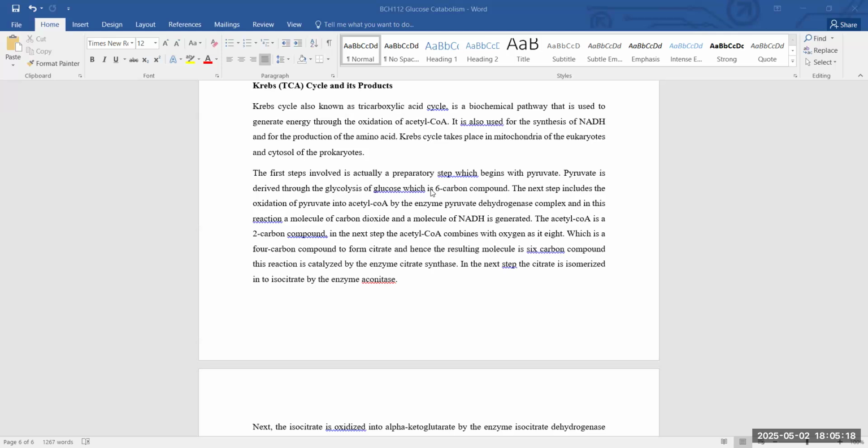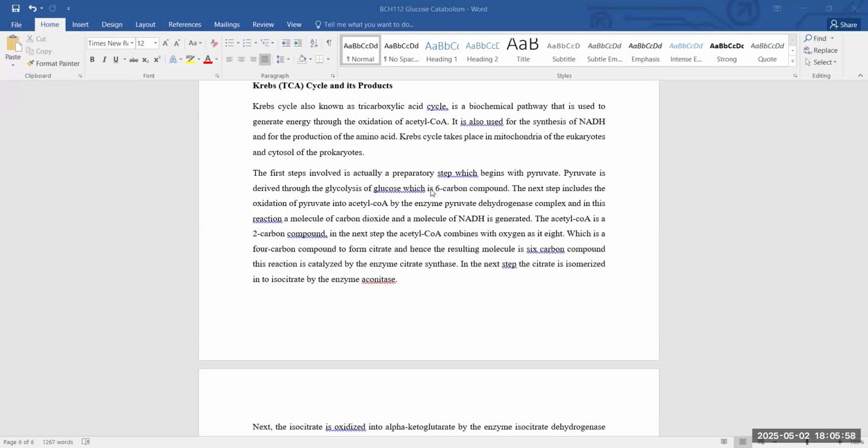In the next step, the acetyl-CoA combines with oxygen in the presence of a different enzyme entirely, to produce some intermediates and then a 4-carbon compound known as citrate.